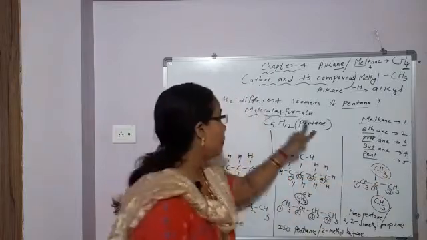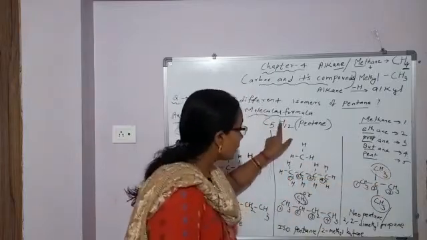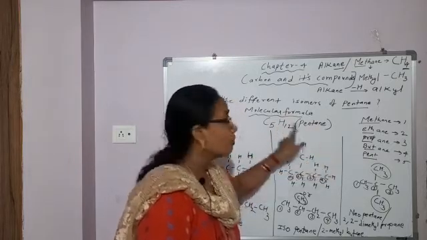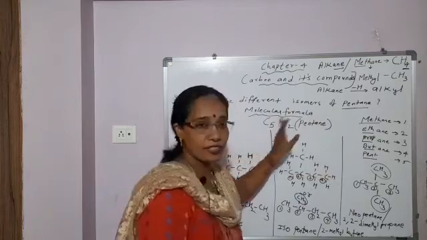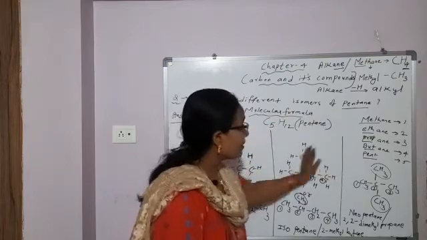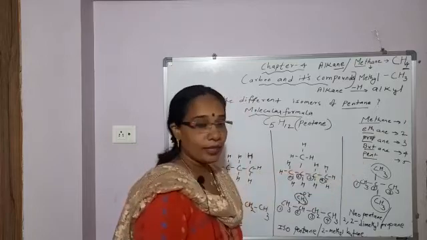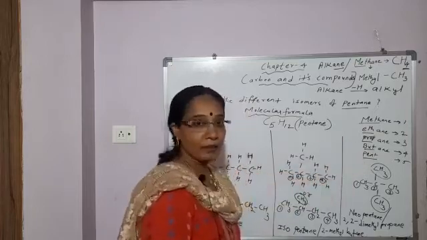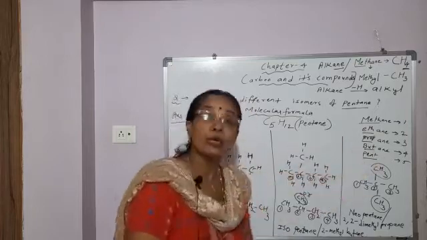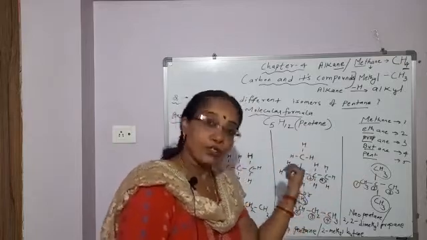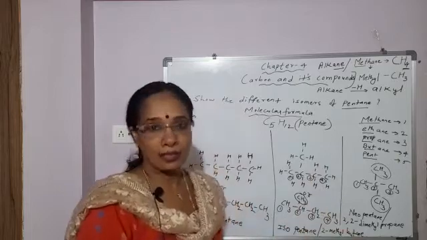So what you see, this compound, that is pentane with molecular formula C5H12, you can represent in 3 different ways. 3 different structures you get. Their properties are also different. Means you are getting 3 different compounds with the same molecular formula. So carbon is showing this phenomenon of isomerism.